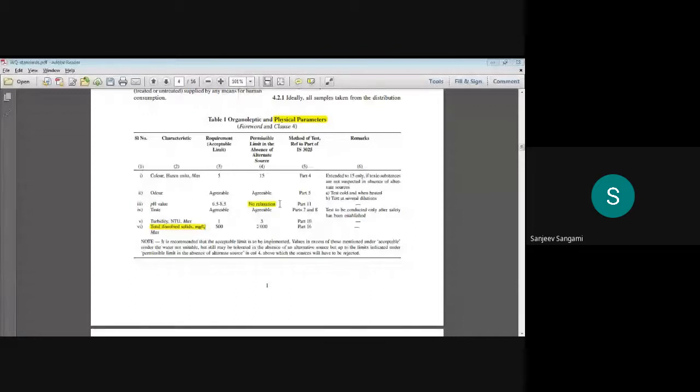So they said the acceptable limit is 6.5 to 8.5, but you had given permission that up to 9 it is permissible. Then people started taking advantage of that, so they have removed this, the 'up to 9'.